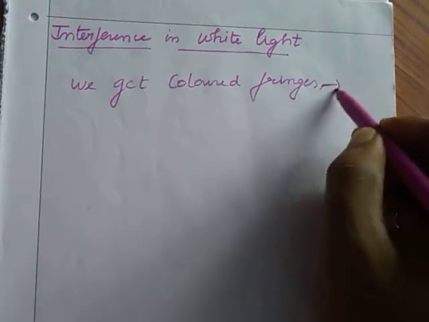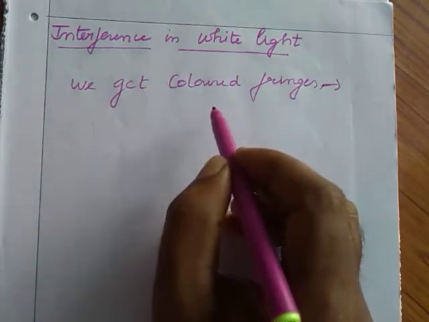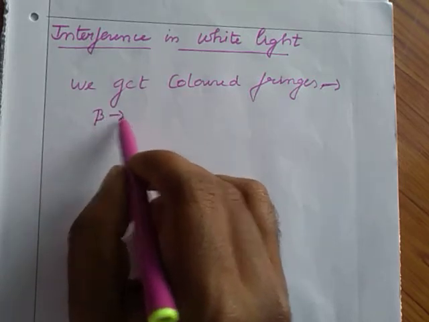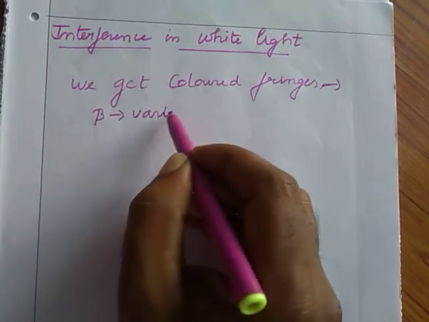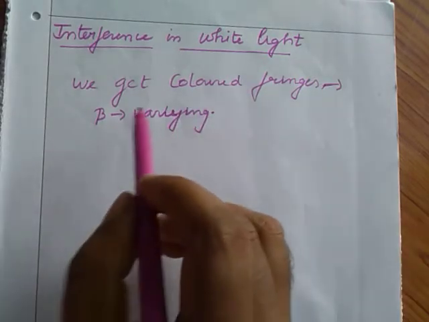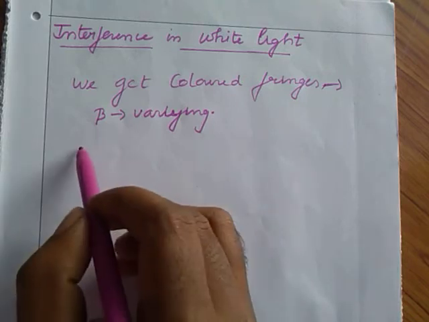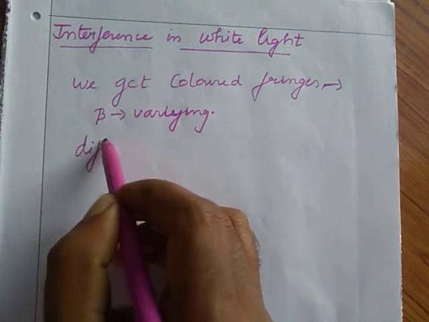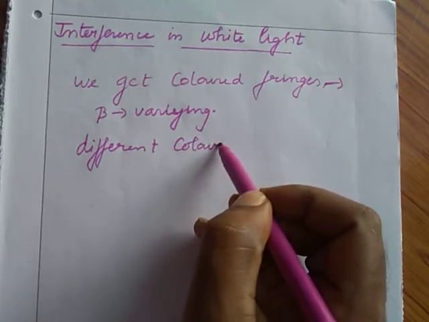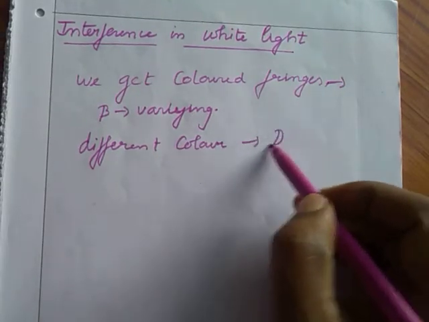But here the difference is that the color and also the bandwidth beta value will vary. We get different colors due to different wavelengths.